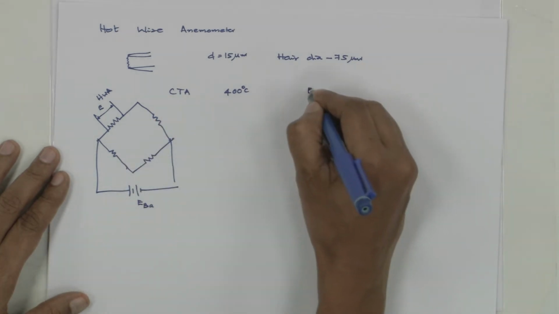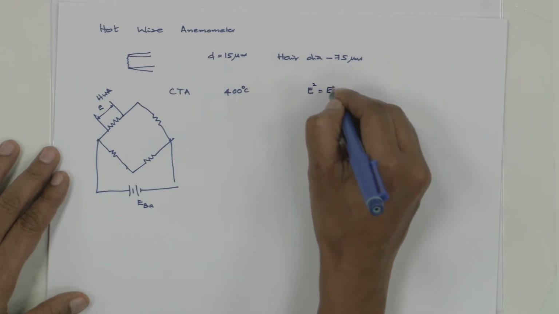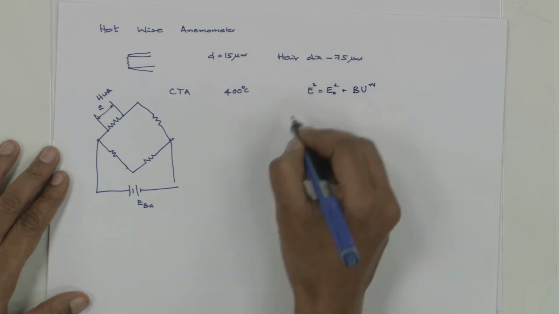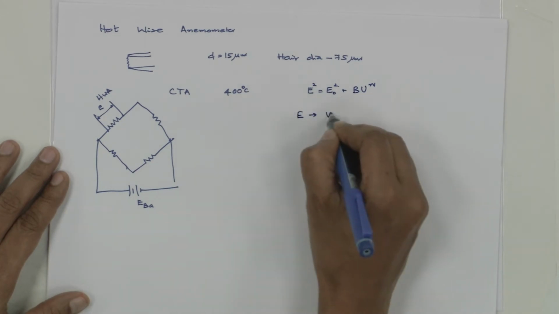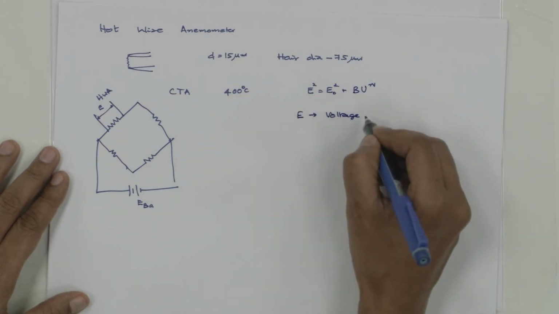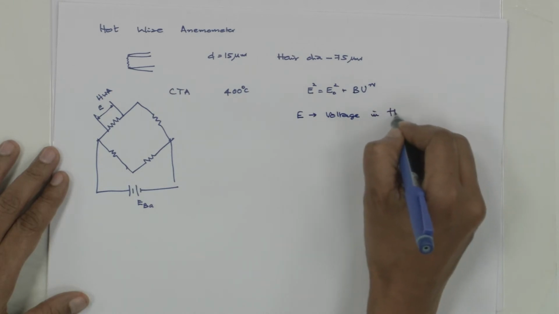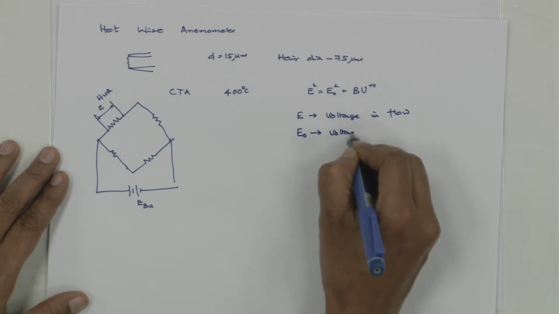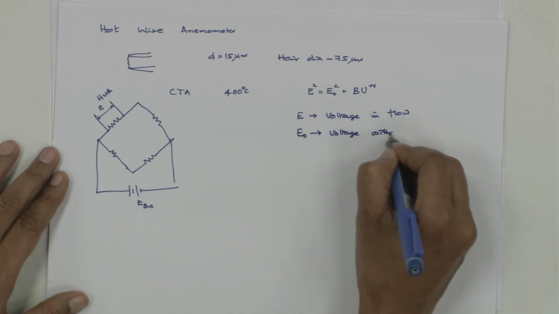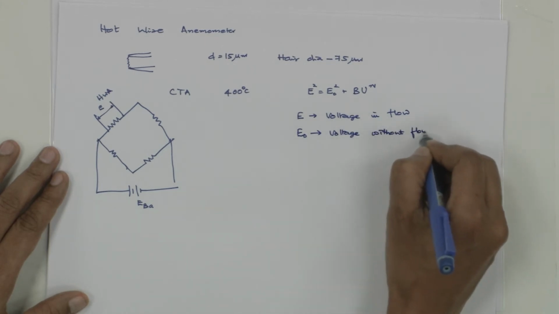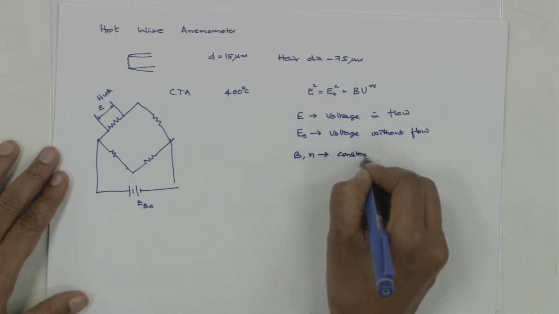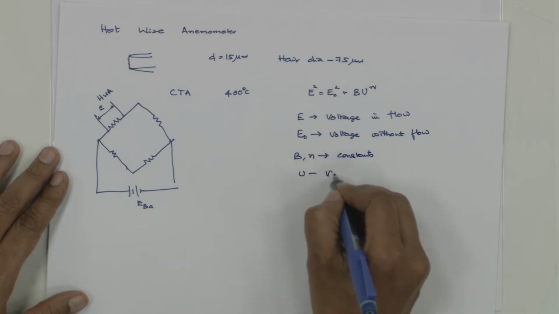So you get E squared equal to E naught squared plus B U to the power of n, where E is the voltage after you have introduced it in the flow, E naught is the voltage without flow, and B and n are constants which come from calibration, and U is the velocity.